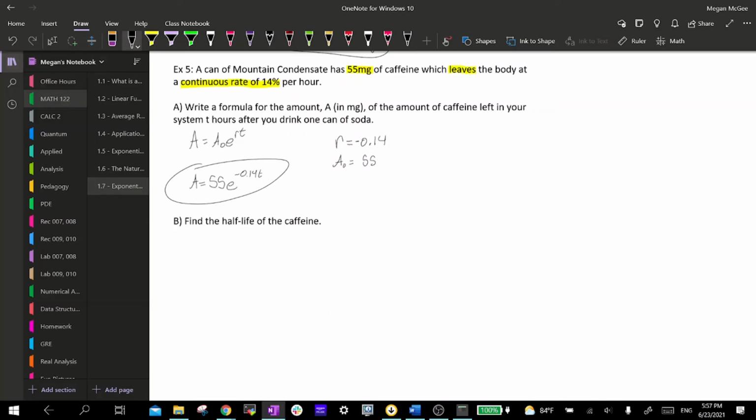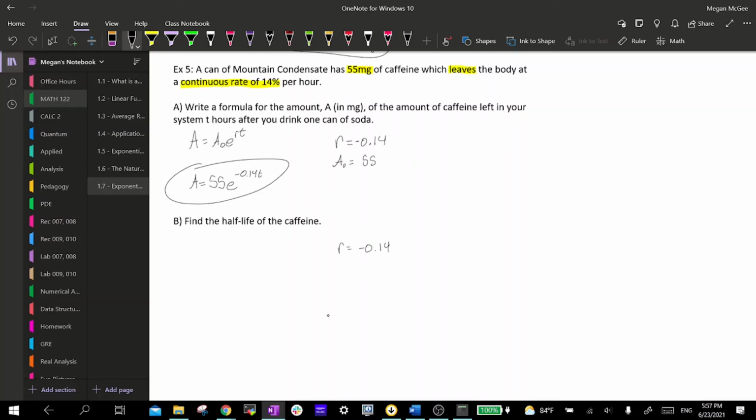And part B asks us to find the half-life of caffeine. So again, we know that r is this negative 0.14. We know what A naught is, but in this case, we don't really need it at the moment.